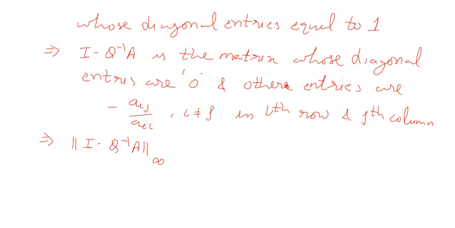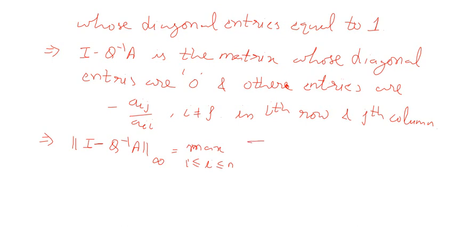So if you look at the infinity norm of this matrix, that is nothing but the maximum over 1 less than or equal to i less than or equal to n. This is the maximum row sum, right?